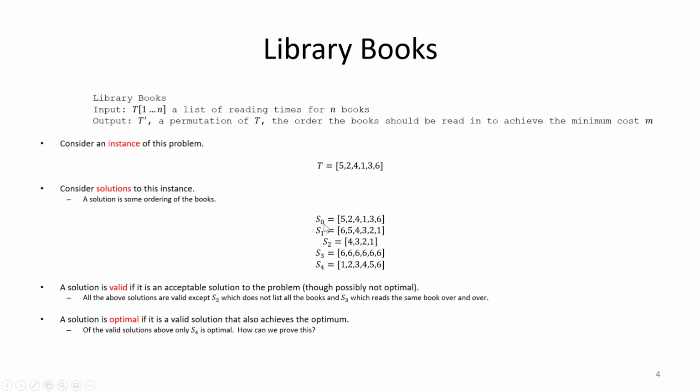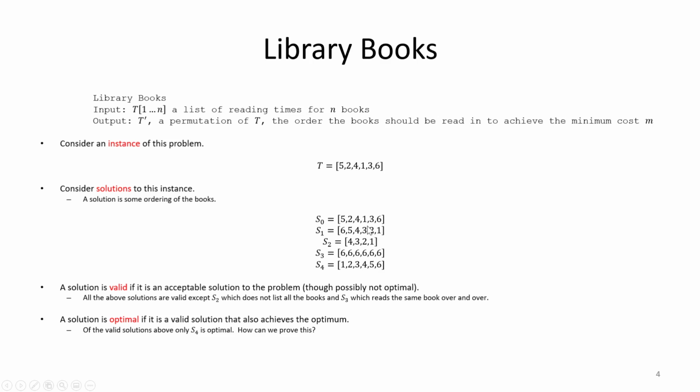So the first solution I have here, S0, is the solution that we just looked at, us taking the books in the order that they were given to us. Okay. So again, I've got a rough definition of what I mean by a solution here. I think I'm saying it's some ordering of books that's pretty loose, okay? But the first one matches that definition, and the second one matches that definition too. It's just reordered the books, at least the times.